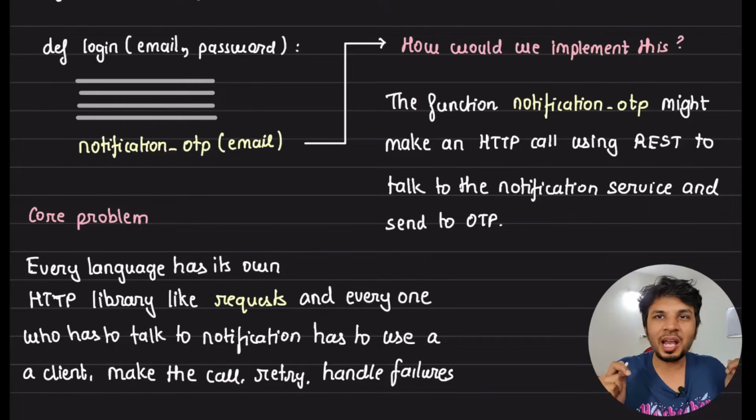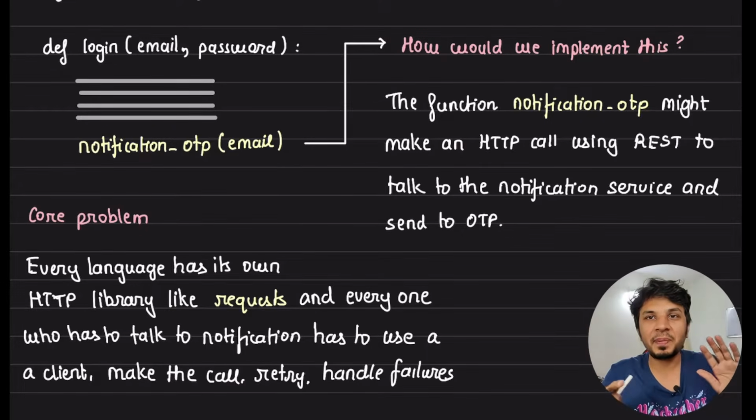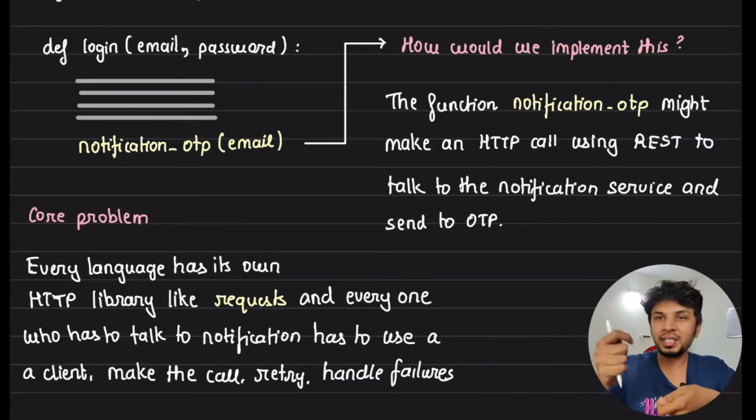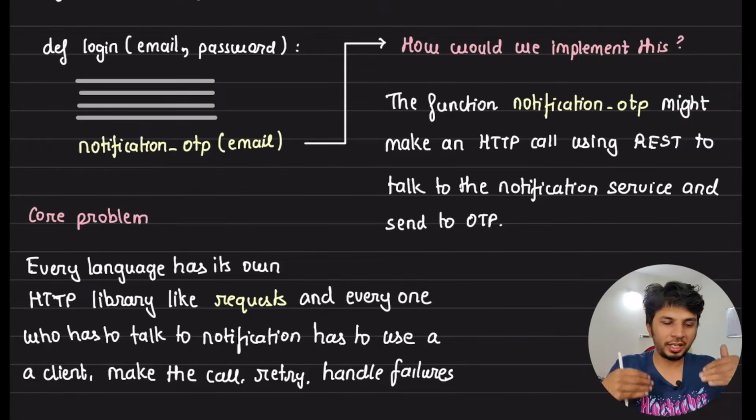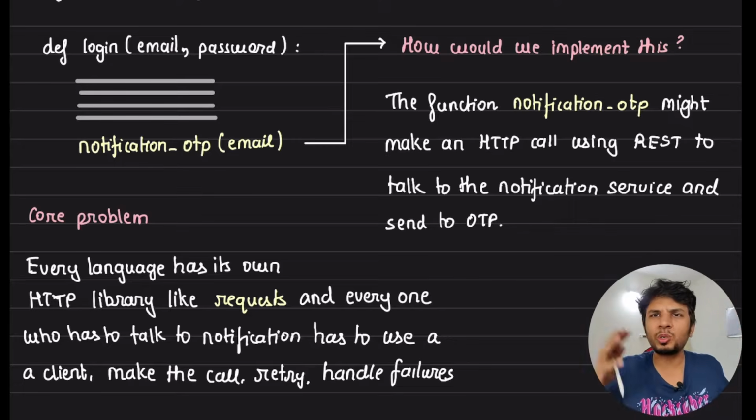The worst thing that would happen over here is, let's say one service is written in Golang, another one is written in Java, third one is written in Python. Every language has its own way of talking HTTP with other services. For example, Python has the request library, Java is something else, Golang has the net/http package. So there is no standardization, right?